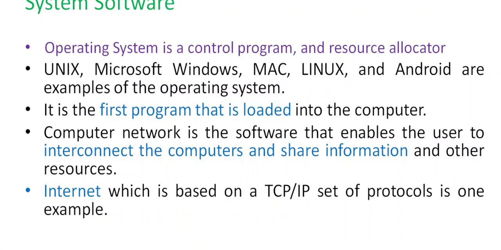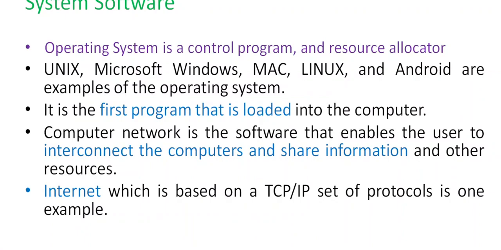Now, who is going to allocate those resources? Different programs will be competing for those resources, so you have to allocate them. That allocation of the resources, CPU, memory, hard disk, etc., is done by the operating system. Examples are Unix, Microsoft Windows, Mac, Linux, etc., and also the Android OS that is used nowadays frequently in smartphones.